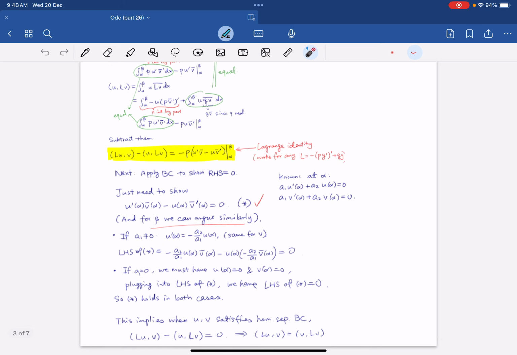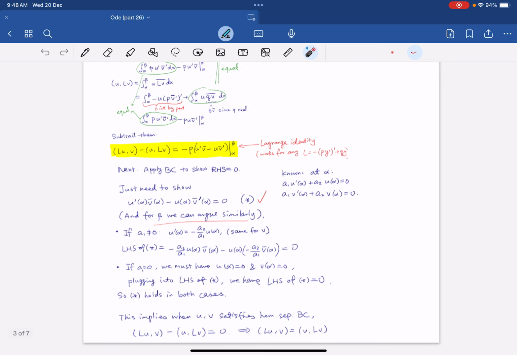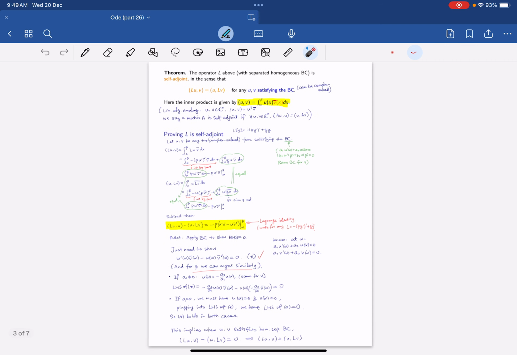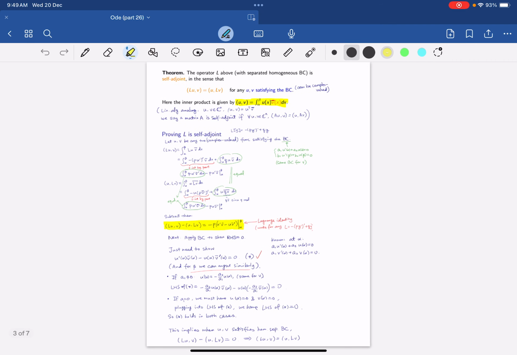And so we sub in the alpha, and then we can show that it equals to 0. And if A1 is not equal to 0, then it immediately shows that it is 0. So this shows that this equation over here equals to 0 because this expression here is 0. Then that means that the two inner products are equal, and this shows that the linear operator is self-adjoint. So that is how you show that the linear operator is self-adjoint.